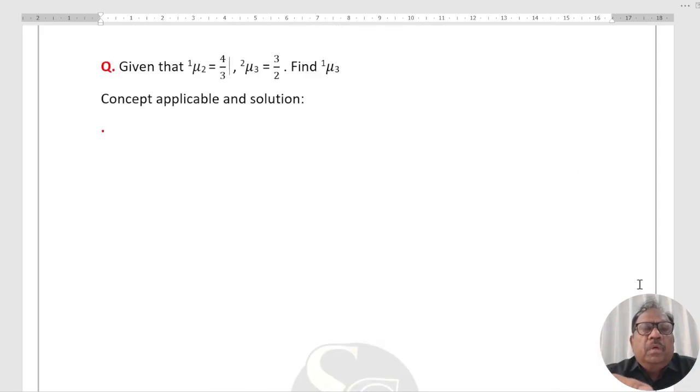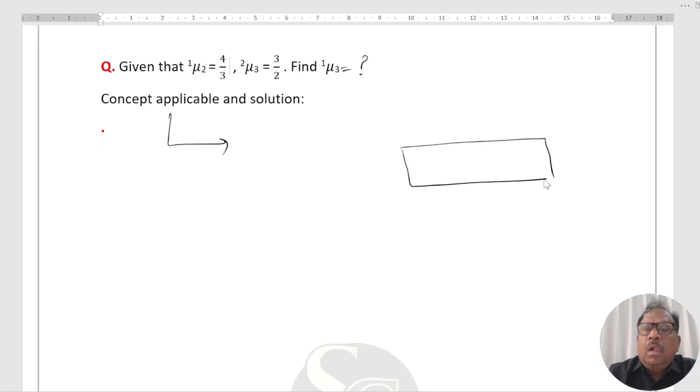Question is, given that 1 mu 2 equals 4 by 3, 2 mu 3 equals 3 by 2, we have to find 1 mu 3. Concept applicable: medium 1, medium 2, medium 3, medium 1.